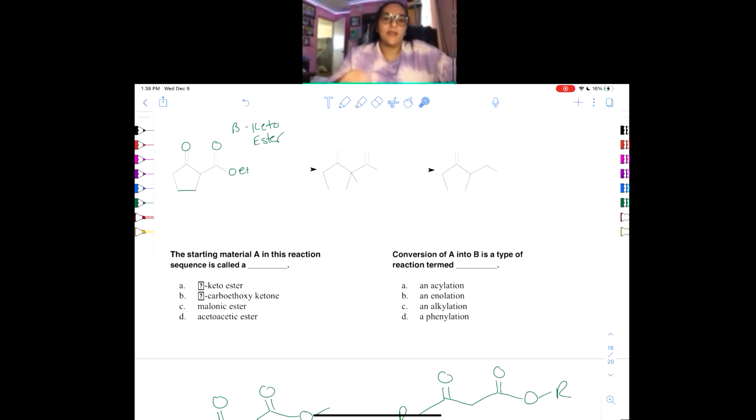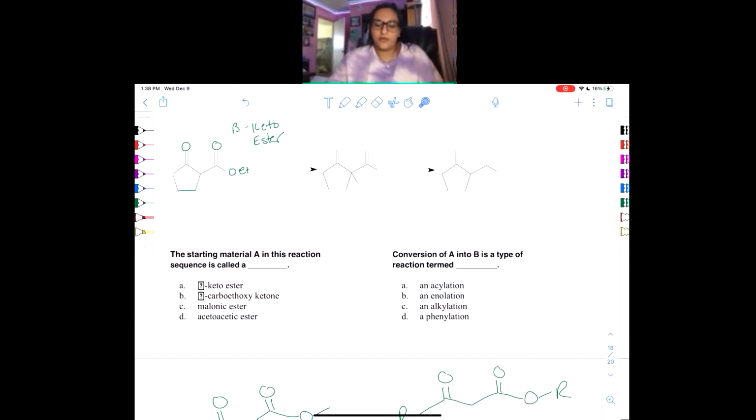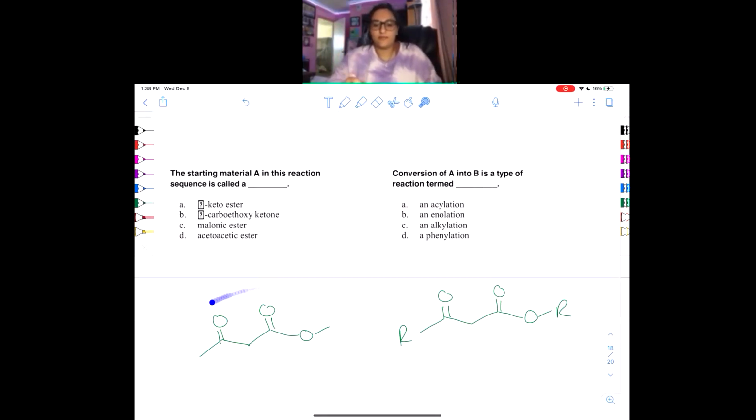Okay, good, I'm glad. And so then the second question is the conversion of A to B would be an alkylation, so C. And yes, any beta ketoester can undergo an acetoacetic ester synthesis, but in order to be called an acetoacetic ester, it has to specifically look like this.